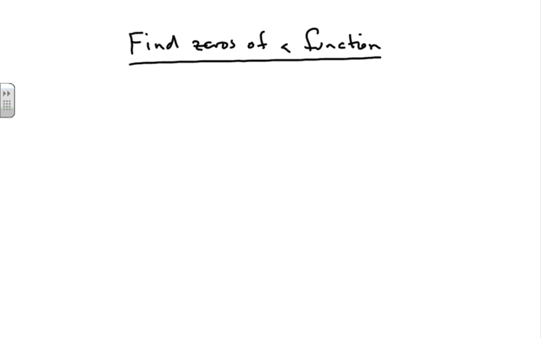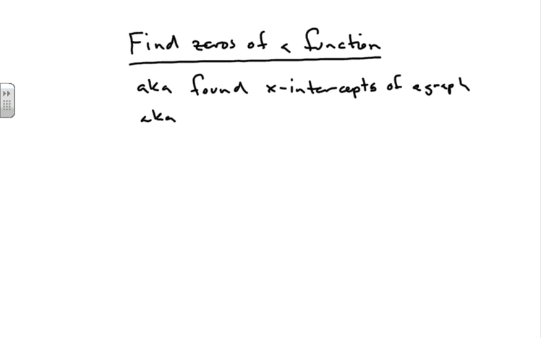To find zeros, there are many names associated with this. For example, you have found zeros, you have found x-intercepts of a graph. You have also found the solutions of a function, or solutions of an equation.